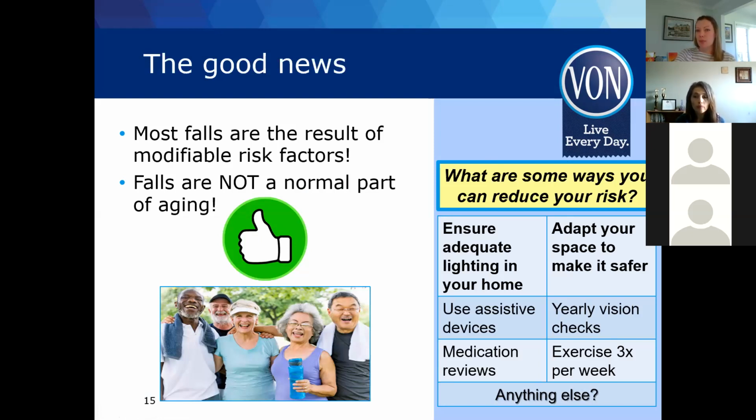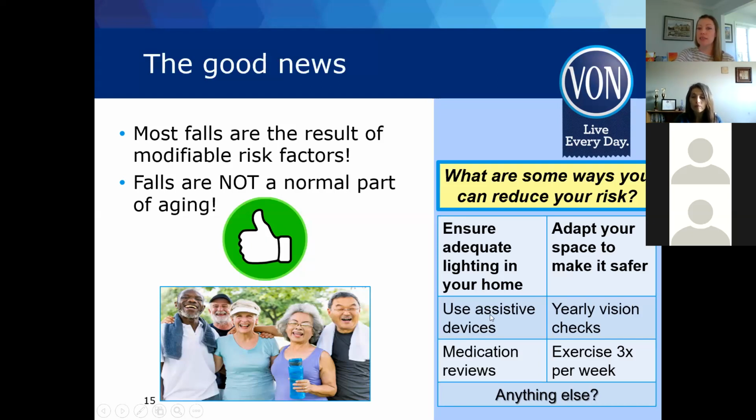Ensuring that there is adequate lighting to do that is really important. Adapting our home to make it safer. So there could be risks in our home that we aren't even aware of, or there could be ways to do it that is safer or easier that we haven't even thought of yet. So sometimes that's when an occupational therapist might be really helpful in someone's journey to decrease their risk of having a fall.